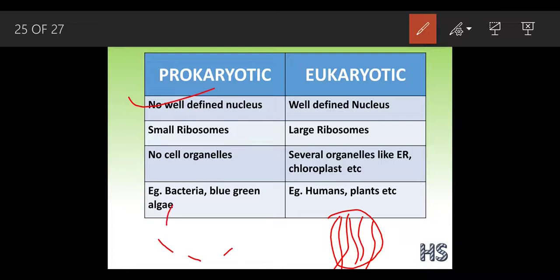Suppose this is an imaginary line I am making here. Inside this there are the chromosomes. As it does not have a well defined nucleus, the chromatin is spread out here. But the eukaryotic has a very well defined nucleus, so all the chromatin is perfectly arranged in this part.